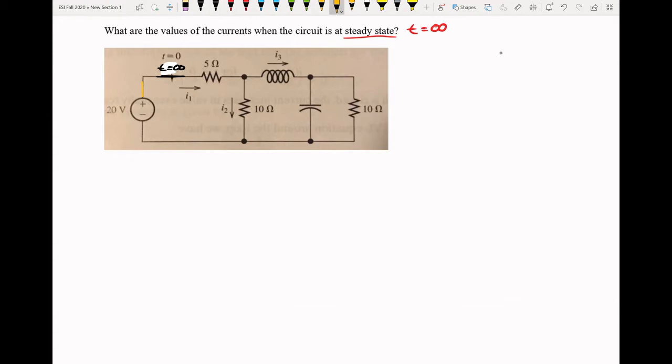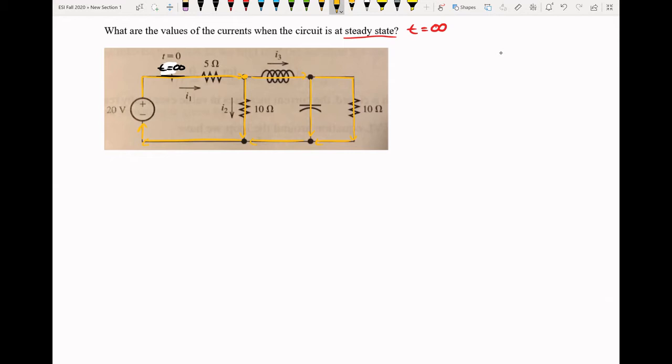So this current goes here, through there, hits here, and breaks off like this.